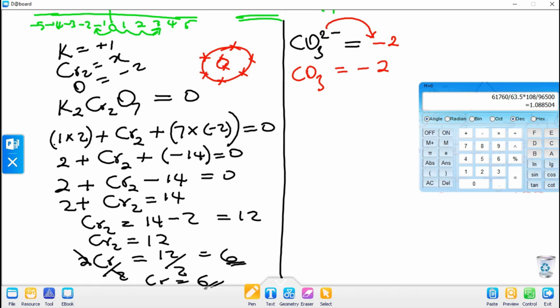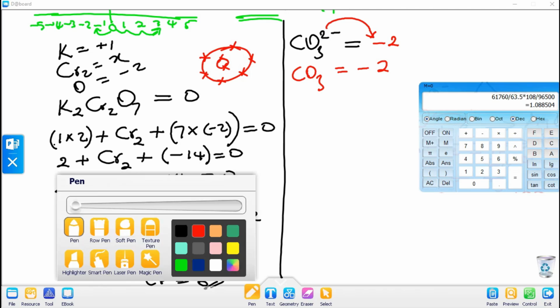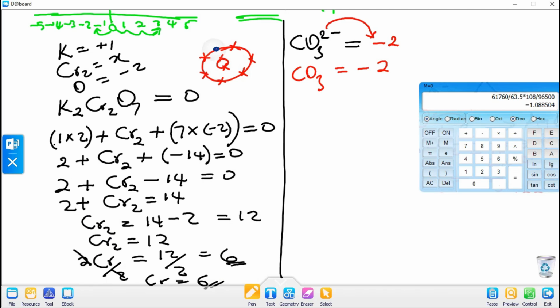So when oxygen gets 2 more electrons from any element, that is actually what makes it -2. It always collects. But if you remember, potassium, for example, as we saw here, was +1. It is +1 because potassium will always give out 1 electron, just like sodium. So when you give out electrons, you'll be plus, but when you receive, you'll become minus. So that is why oxygen is -2 in this case, and always -2, except in peroxides. That's why it is -1.